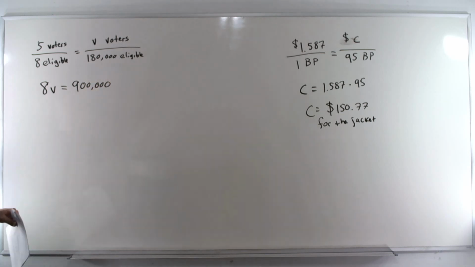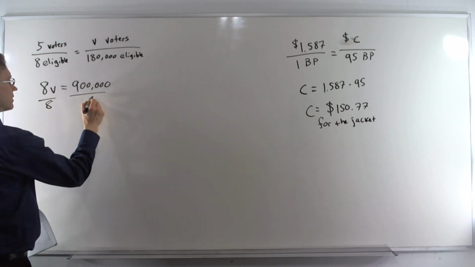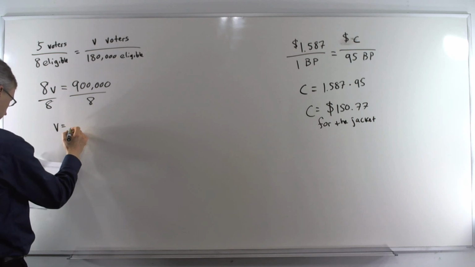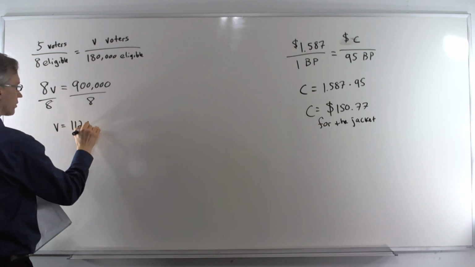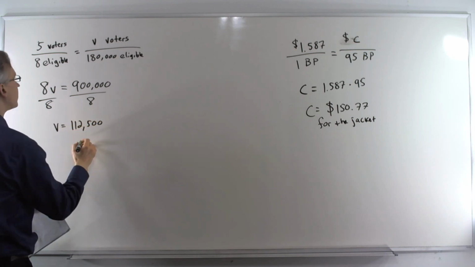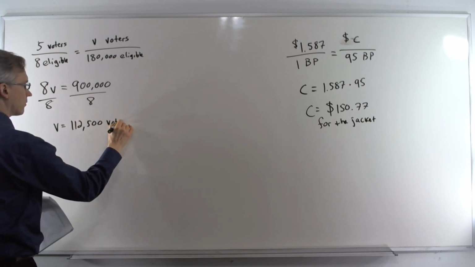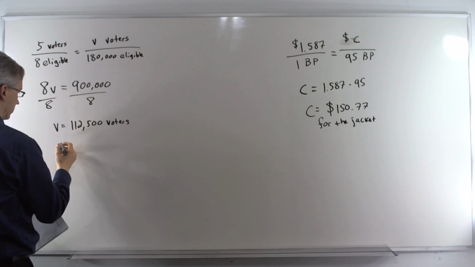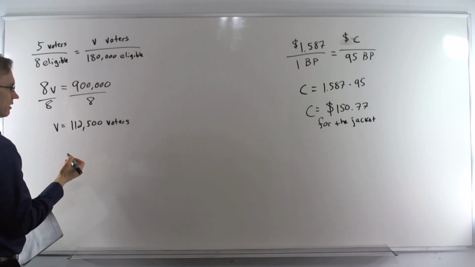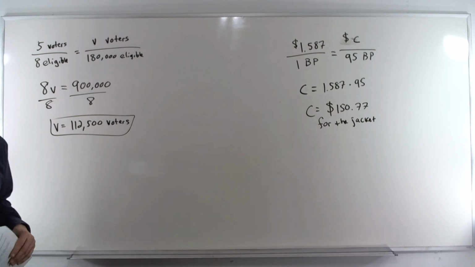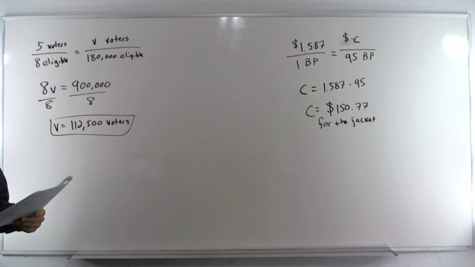So that is 900,000. Divide both sides by 8, and V equals 112,500 voters. And I guess that's good enough. So the city should plan for 112,500 voters.